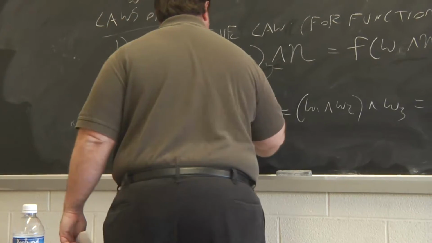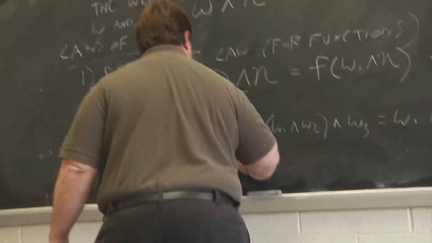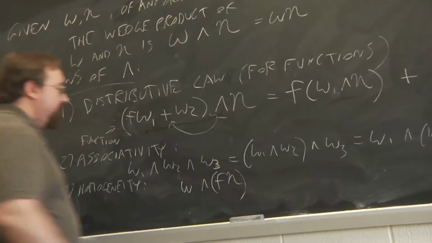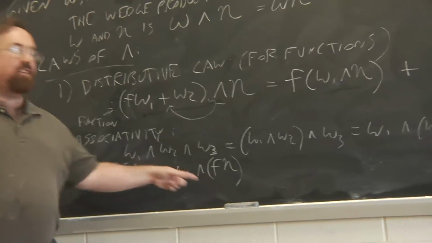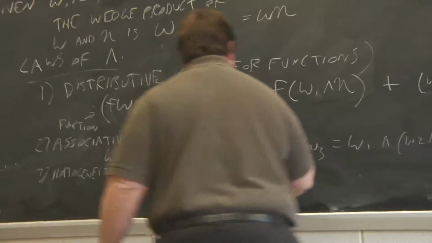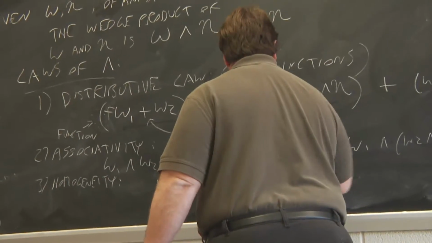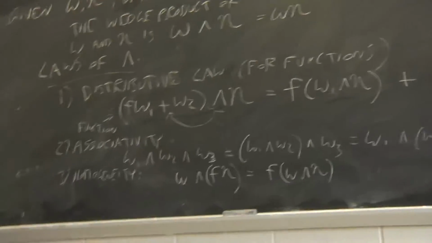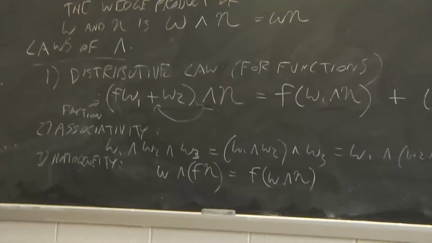So if you have two forms that you're multiplying, and this one is multiplied by a function, you can treat the function like it's a constant and pull it out. So you can compute the product of these two forms and then multiply the result by f when you're done.